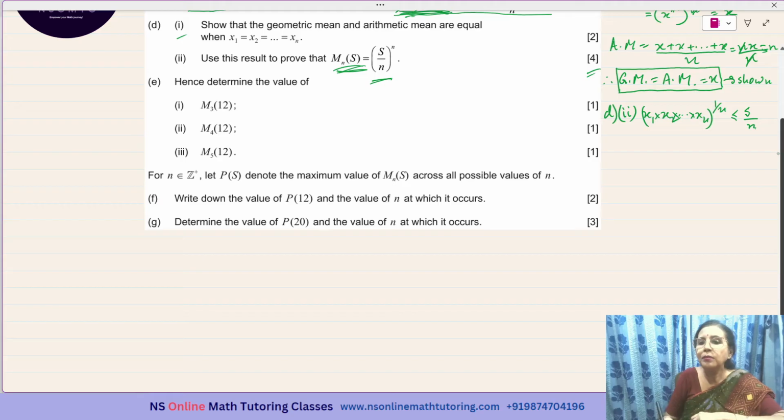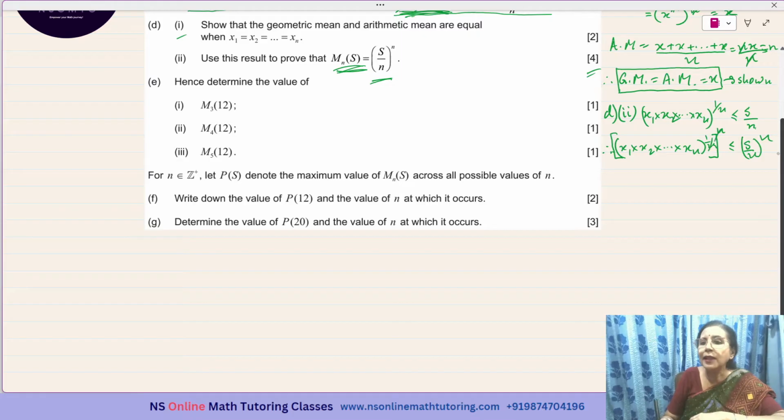Okay. So I can say, therefore, x1 times x2 times dot dot dot times xn to the power of 1 over n, raised to the power of n, is less than or equal to s over n raised to the power of n.